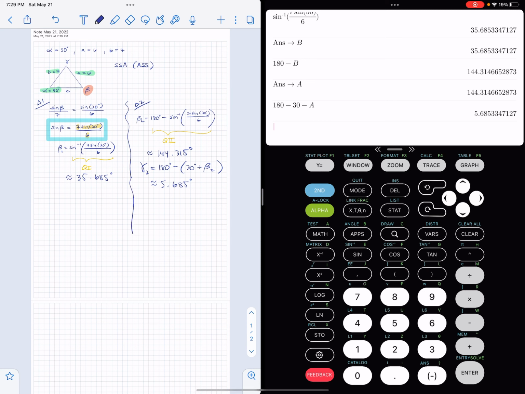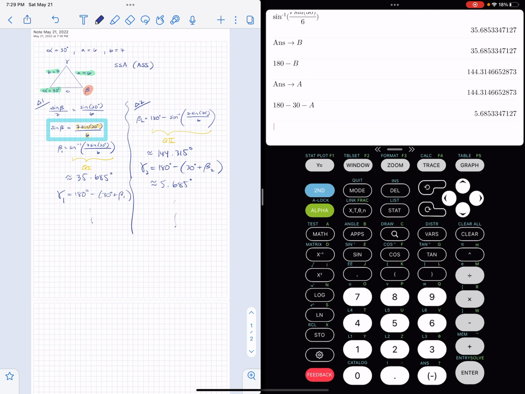So we could go back to triangle 1 and finish solving. We could solve for gamma sub 1, right? We could just do 180 degrees minus 30 degrees plus beta sub 1. And you continue solving for side C for both of those triangles.